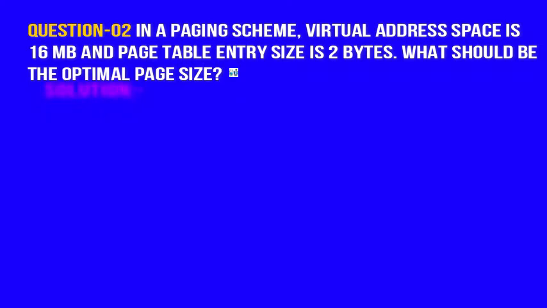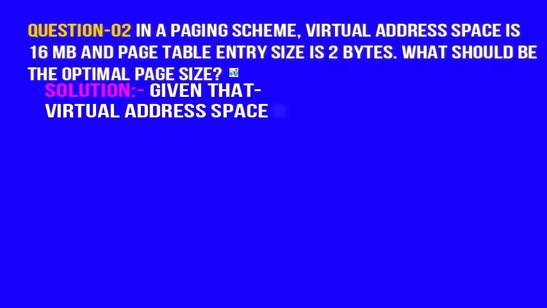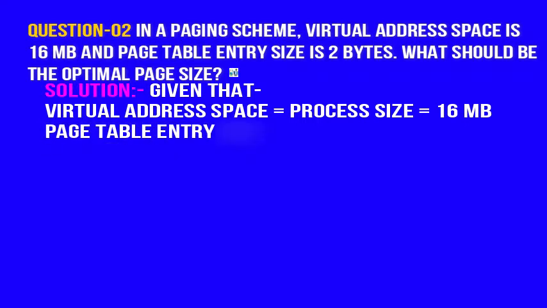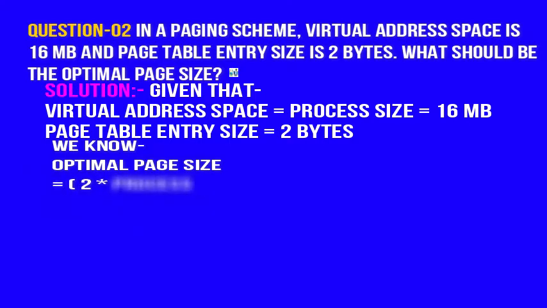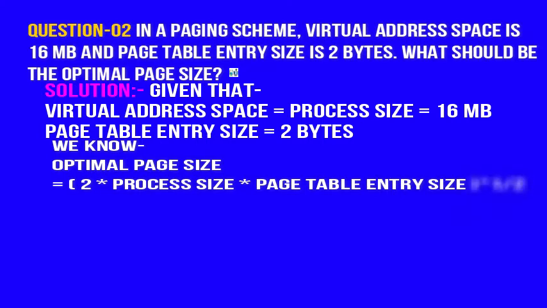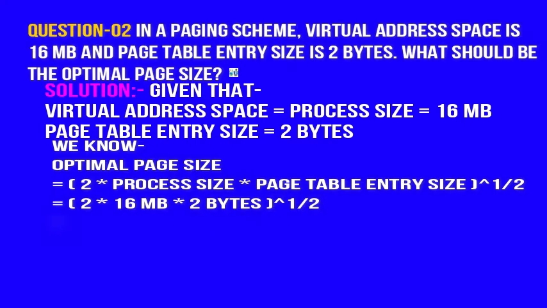Given that virtual address space, meaning process size, is 16 megabyte and page table entry size is 2 byte, then we know the formula to find optimal page size equals the square root of 2 into process size into page table entry size, all over the power 1 by 2.